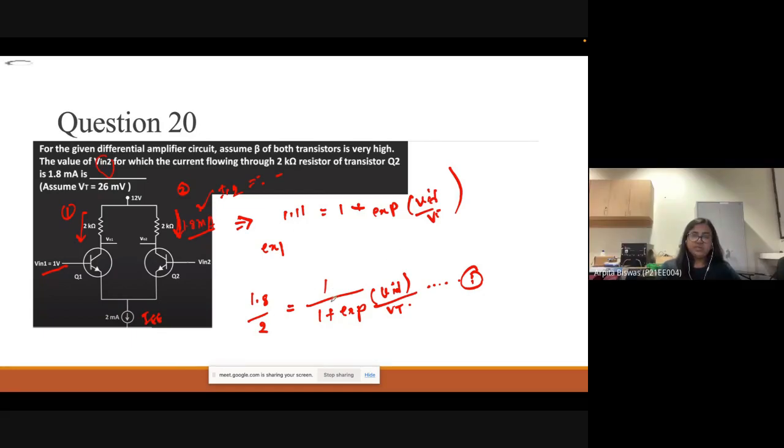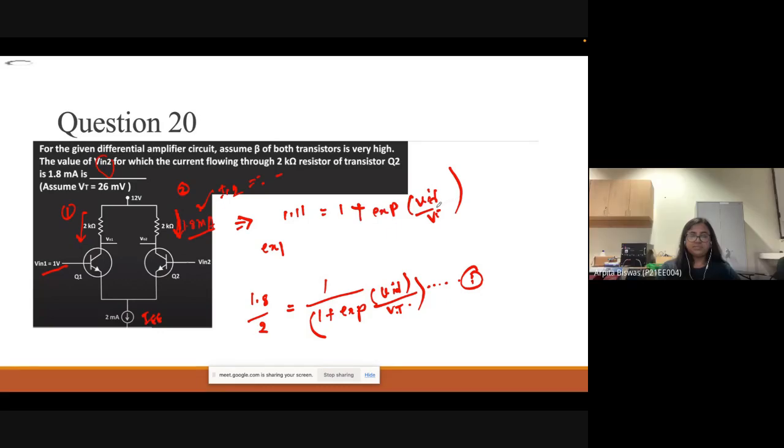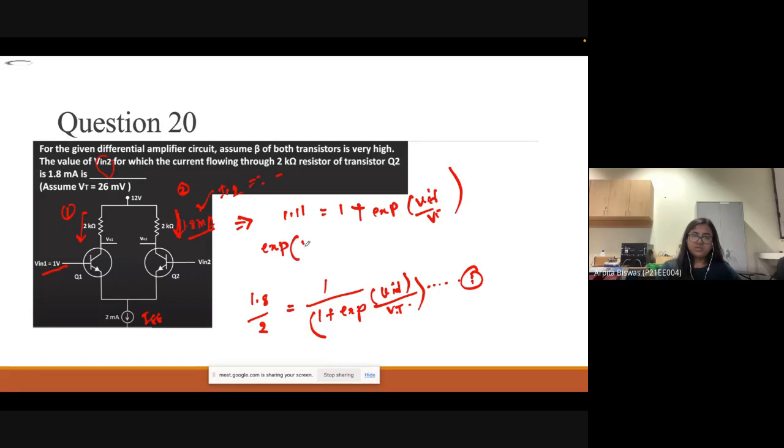Like if you are taking this side in the upper, just cross multiplication, 1 plus exponential VID by VT. So you can write out the 2 by 1.8. Just cross multiplication. Here you can see 1 plus exponential VID by VT.